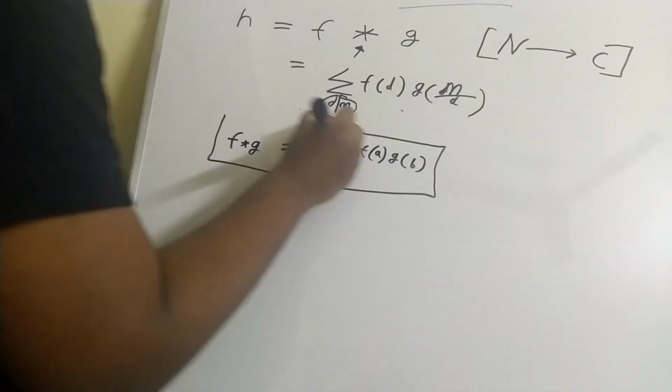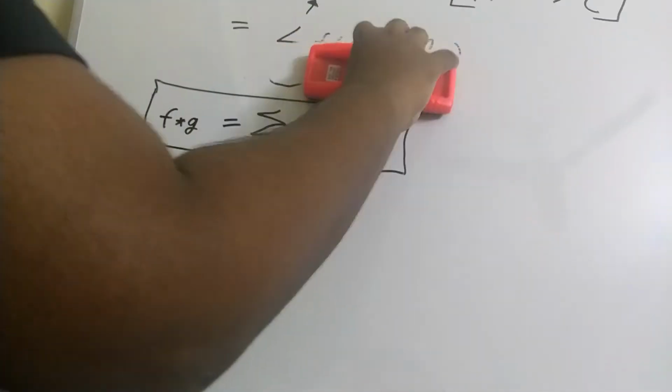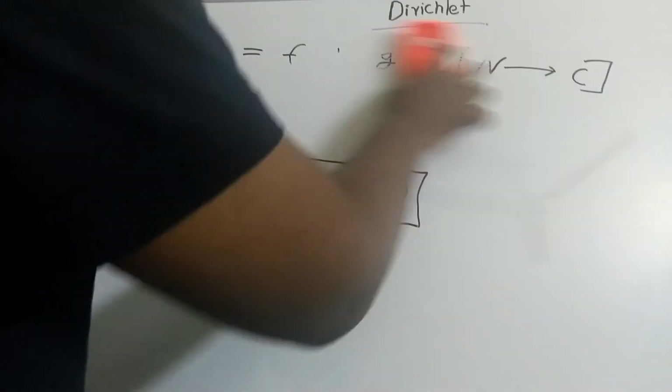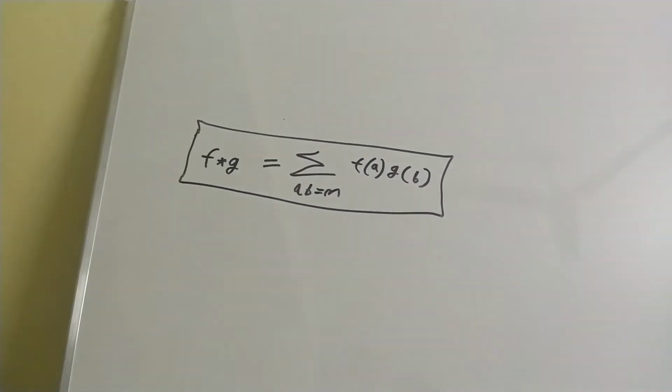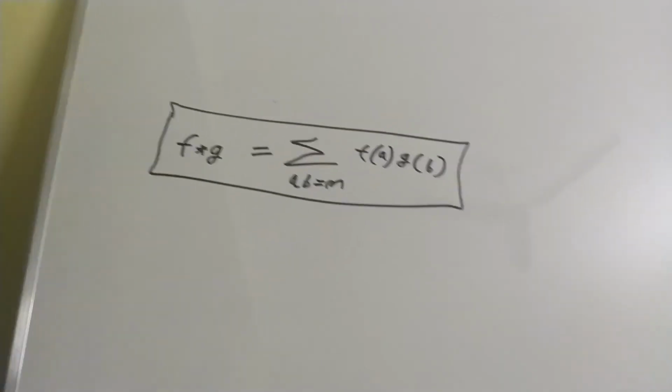Another interesting and most important formula in number theory and analytical continuation. We'll see why this rather absurd definition is useful in continuing the dielectric product. And you'll just see how it works.